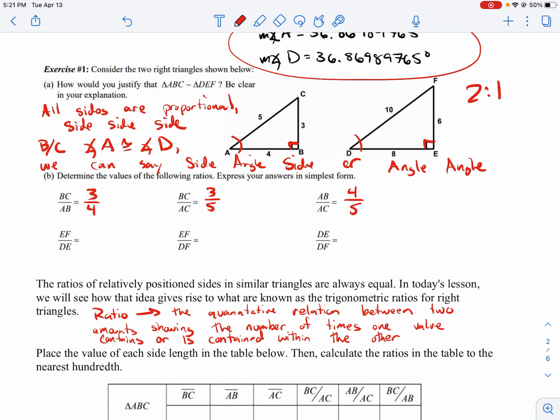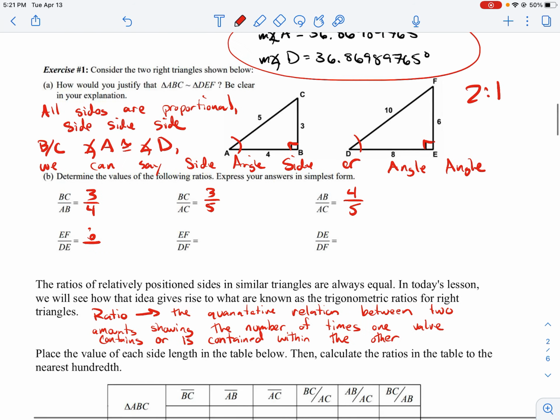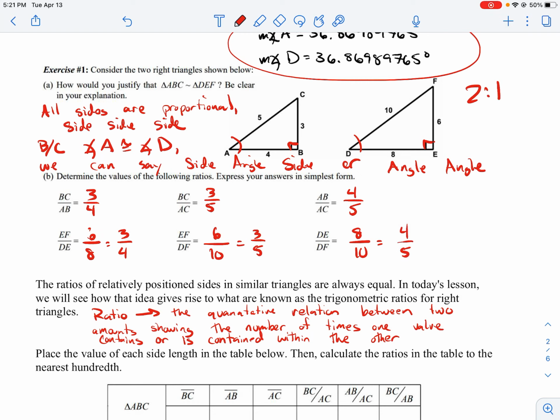Okay? Now we're going to take a look at the same ratios created by that similar triangle. Right? And hopefully you'll notice a pattern here. Okay? So EF is 6, DE is 8, but when we simplify that by 2, we get 3 over 4. EF, 6, DF is 10, but again that simplifies to 3 over 5. And DE is 8, and DF is 10, and again it simplifies to 4 over 5.